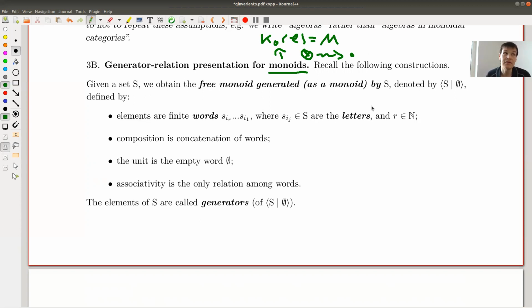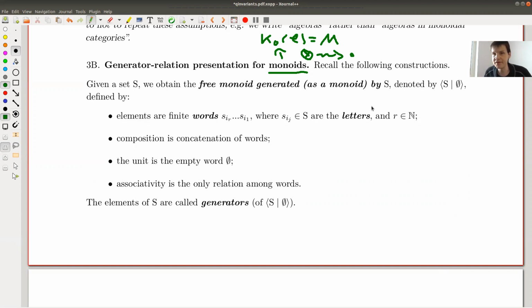There is a construction which you might have seen under the umbrella term of the free whatever: the free vector space, the free group, the free whatever. It basically means you don't impose anything except the relations you need to impose, namely the ones that make your outcome, like a free group, a group.